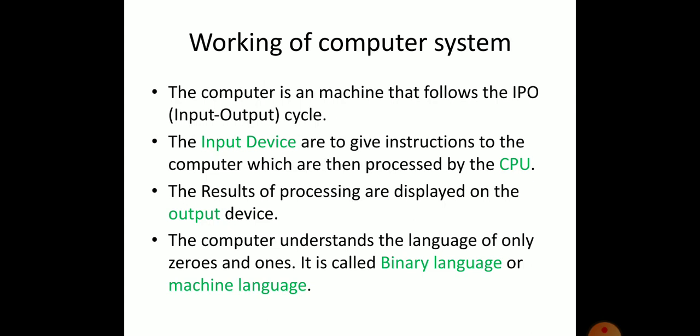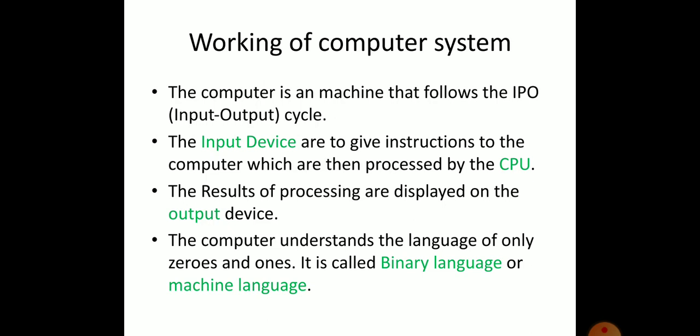Your pizza is ready. That is your output. Similarly, in computer we have to give instructions through an input device, then it will get processed in the CPU, and the output will come out and we will see it on the output devices.